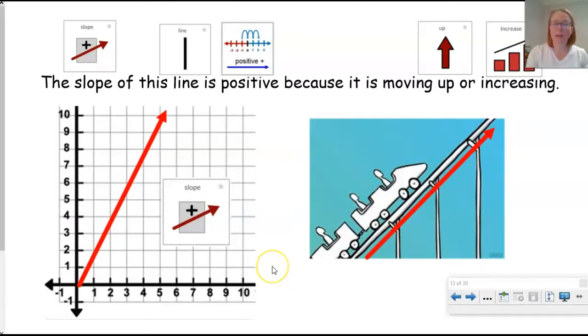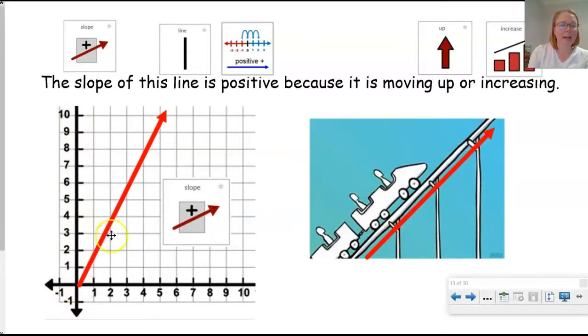Now, we can also talk about the slope in two other ways. The slope of this line right here that we're looking at is positive because it is moving up or increasing. Do you see how the line, we always talk about where it's going from over on the y-axis.